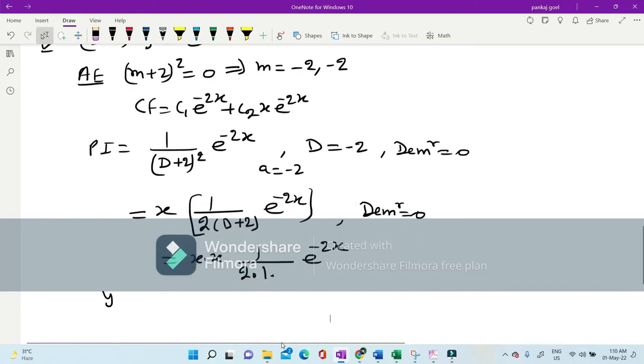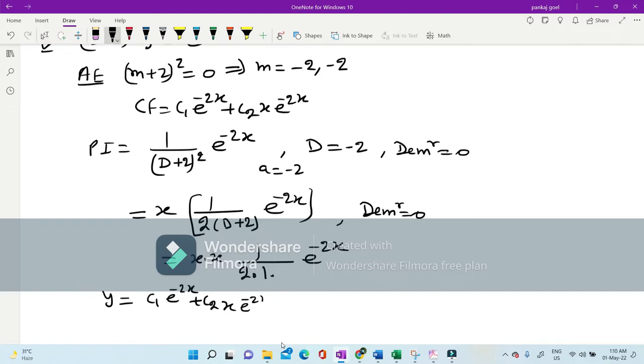So we can write y equal to c1 e to the power of minus 2x plus c2 x e to the power of minus 2x plus x square upon 2 e to the power of minus 2x. You can write like this.